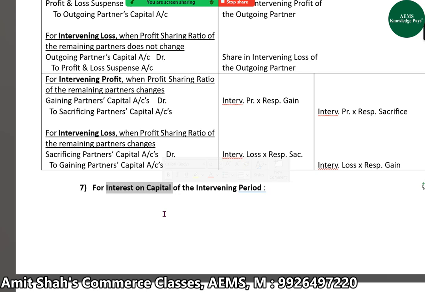So if partnership deed says that partners are entitled to interest on capital, then the outgoing partner has to be given interest on capital of the intervening period as well.